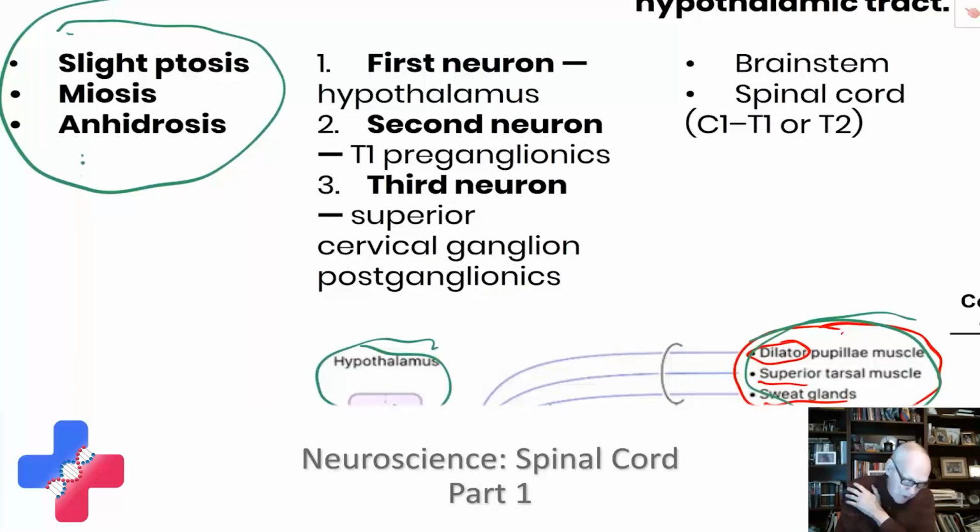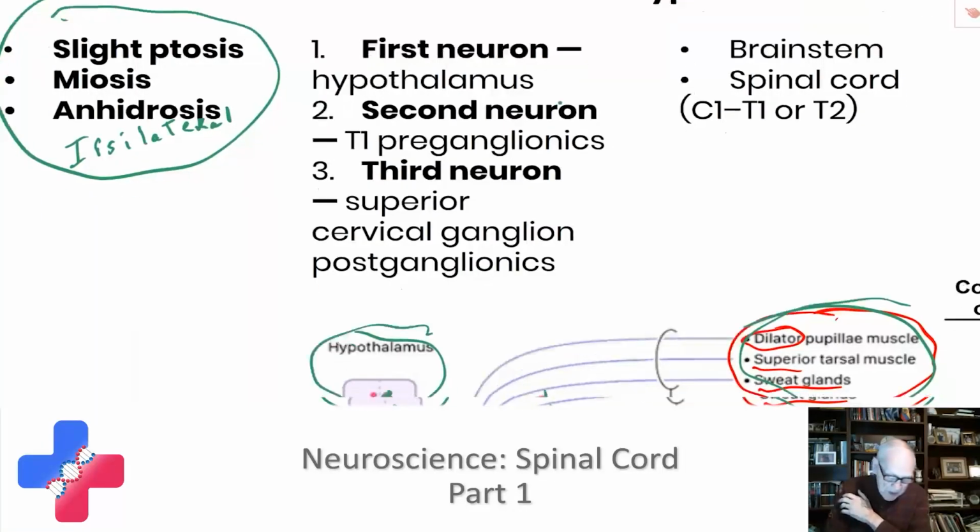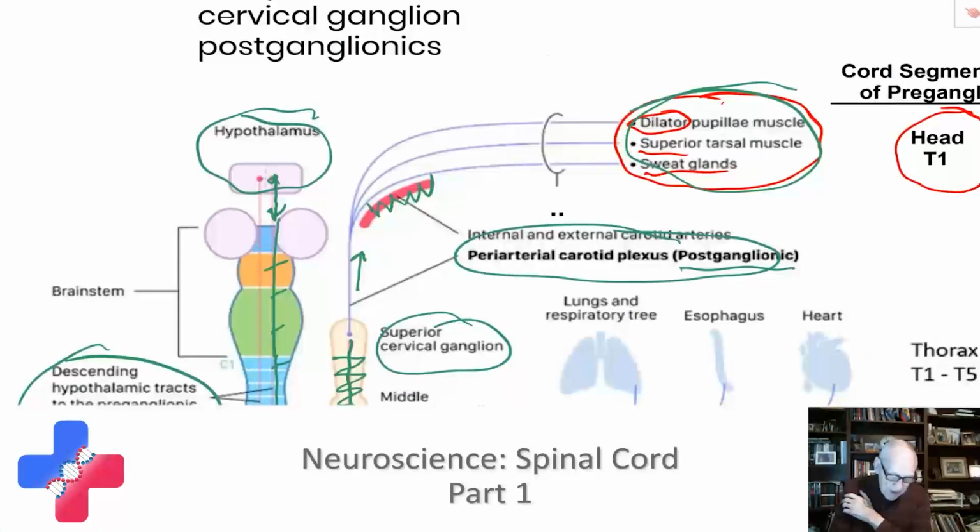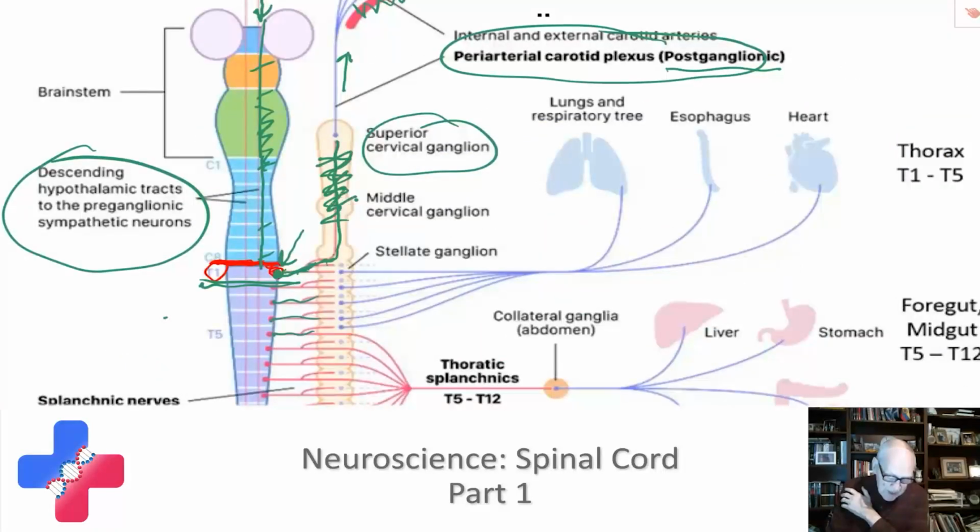Horner's always will present ipsilateral. So again, back to our diagram, if you damage the left side of the cord, the left sympathetic chain, the left carotid system, you're going to have a left eye, left face Horner syndrome. So remember, it presents itself ipsilateral.